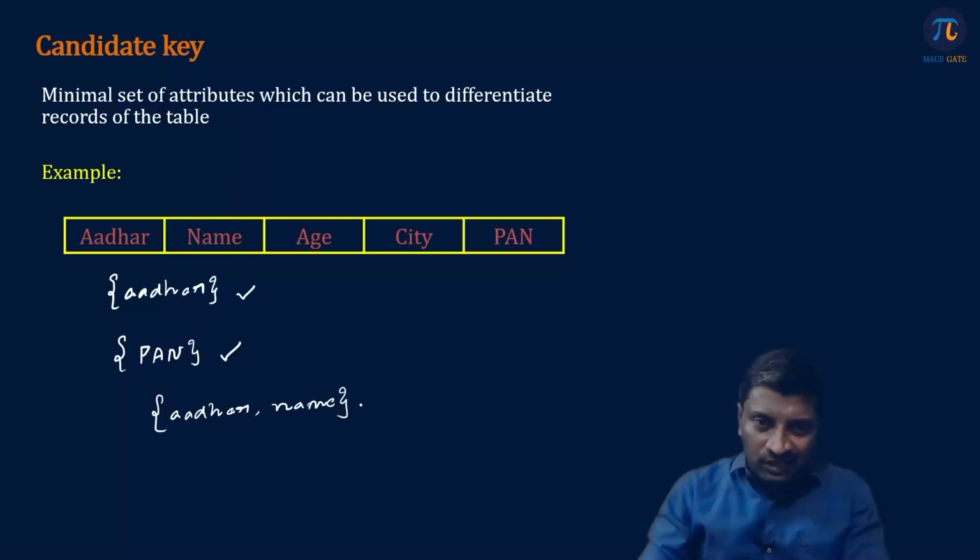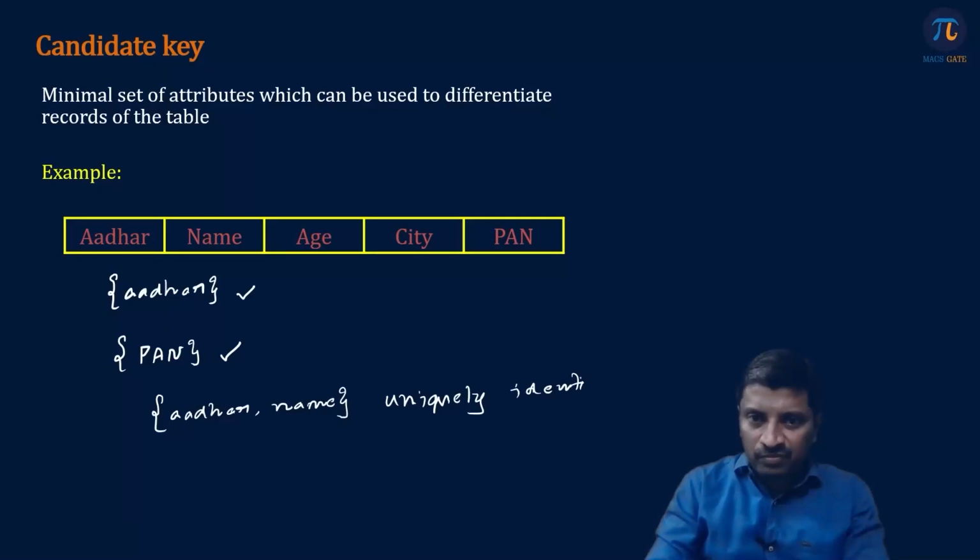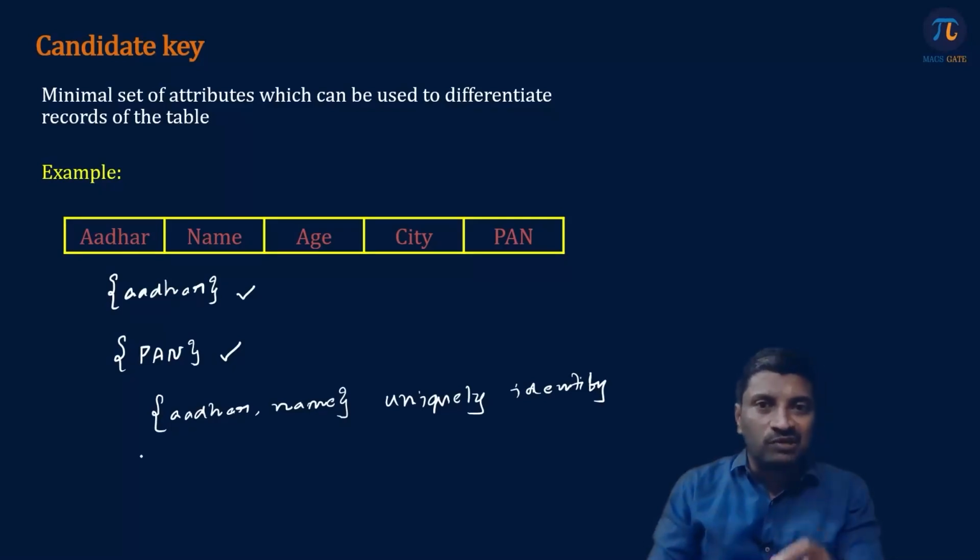So I can say they can uniquely identify. Now the question is whether it is minimal set of attributes with this property or not. If we observe here, Aadhaar number is sufficient to identify any person uniquely.